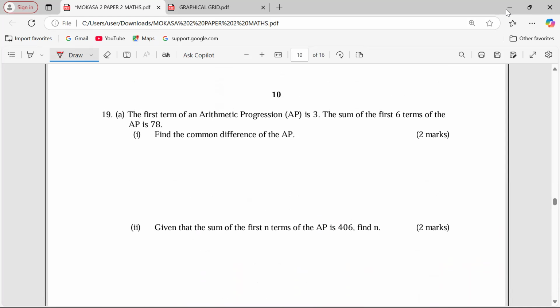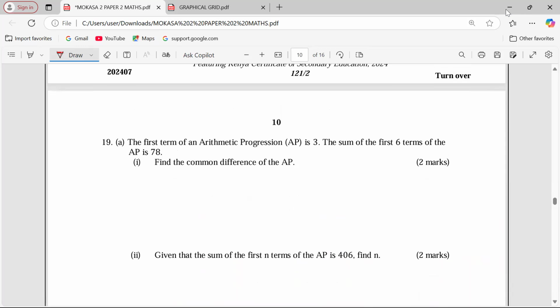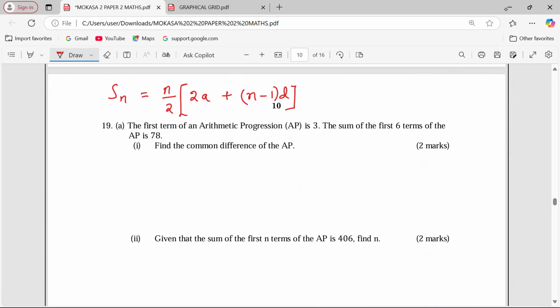So in arithmetic progression, we should know how the sum of a given number of terms is calculated. The sum of a given number of terms is given by n over 2 into 2a plus n minus 1 multiplied by d. That's the general formula. The sum is 78, the sum of the first 6 terms.